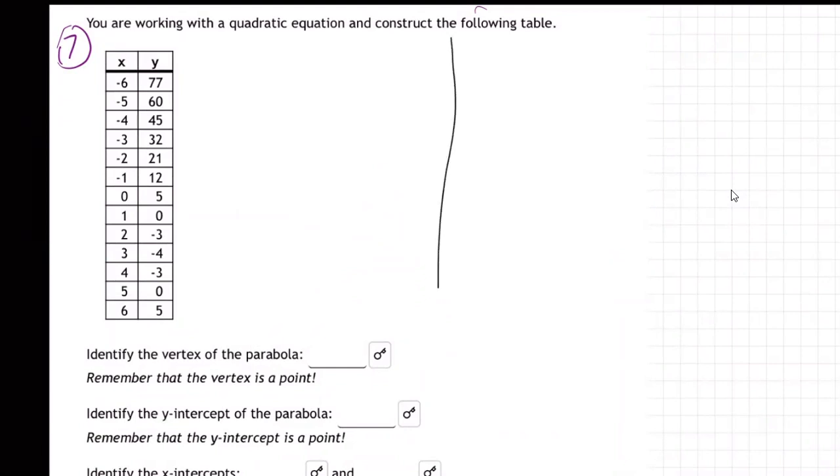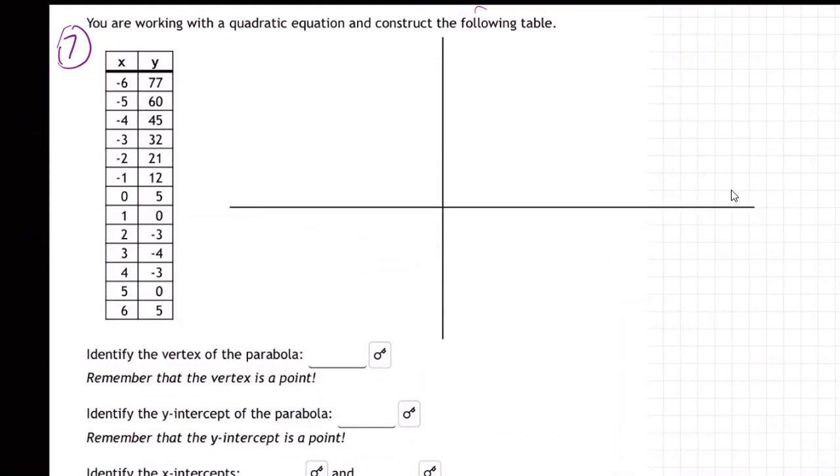So the y values are going to be a little bit tricky. Let's just see what we can do. So the x values, I'm going to go 1, 2, 3, 4, 5, 6.